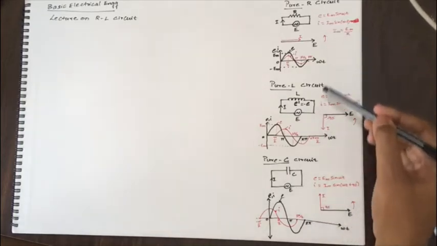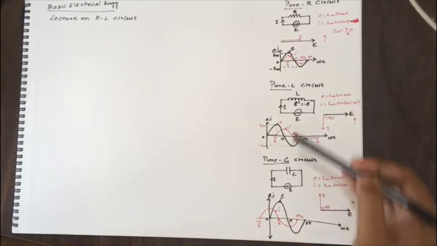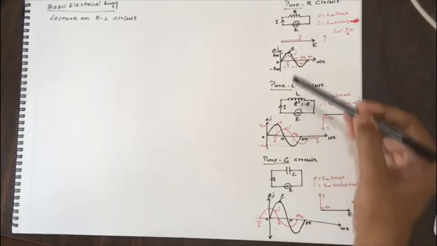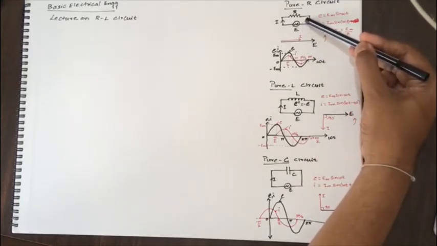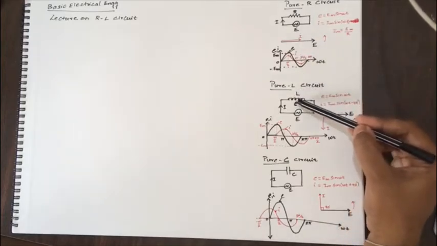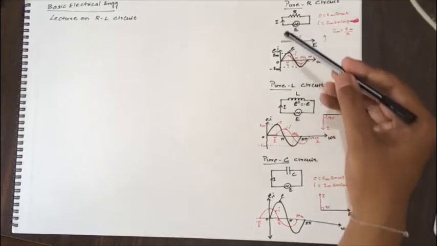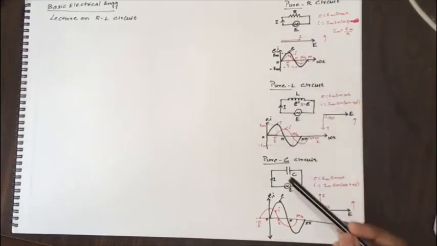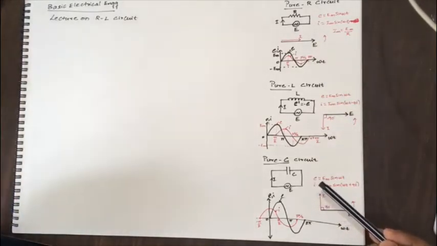Taking this analysis, we shall go ahead and see what happens if there exists a combination of these components. Suppose there may be a circuit with resistance R and inductance L, or resistance R and capacitance C, or resistance, capacitance and inductance, all RLC. These forms of circuits will exist ideally.